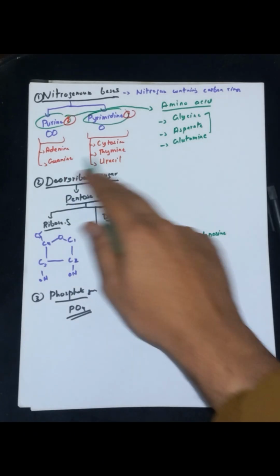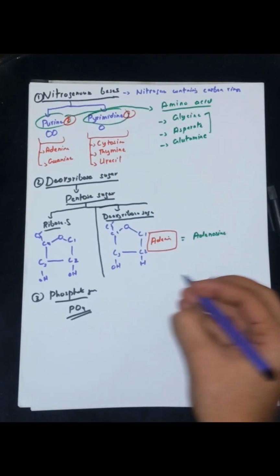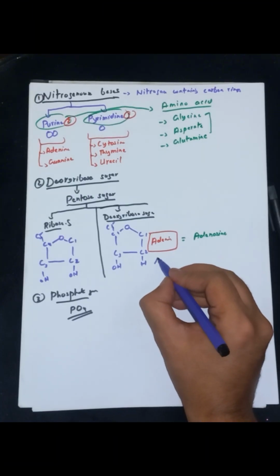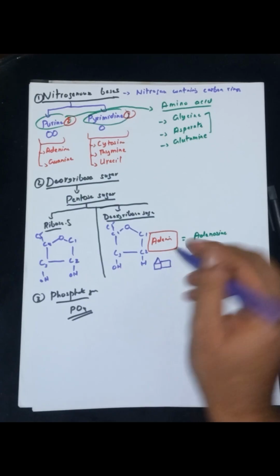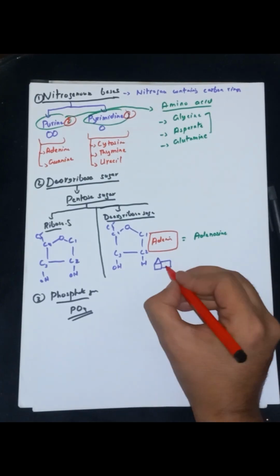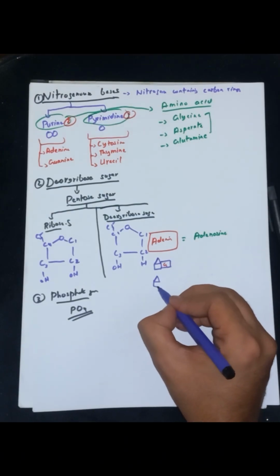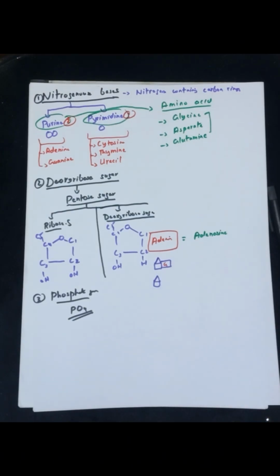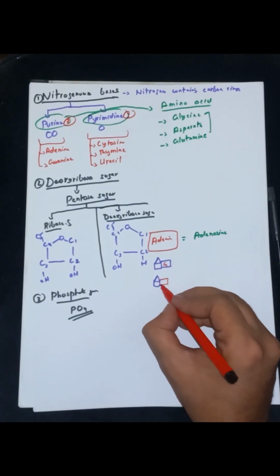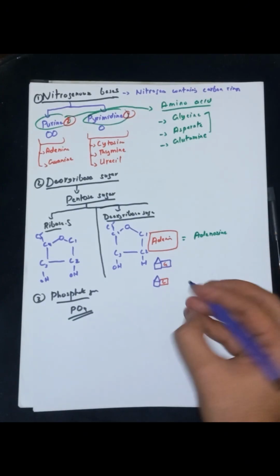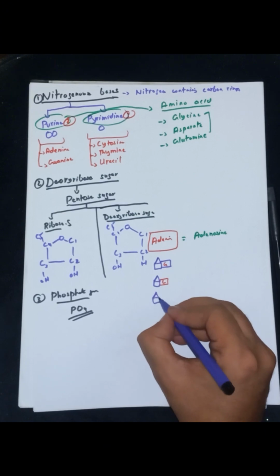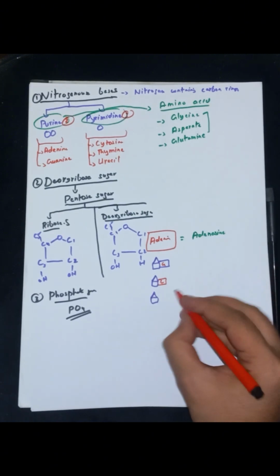Let's make the other ones as well. For example, this is another sugar, and here comes guanine. Okay, here comes guanine, and here comes cytosine, and with this sugar comes thymine.